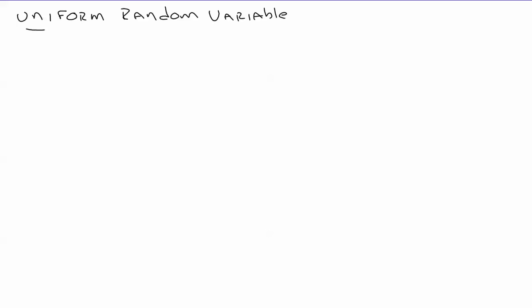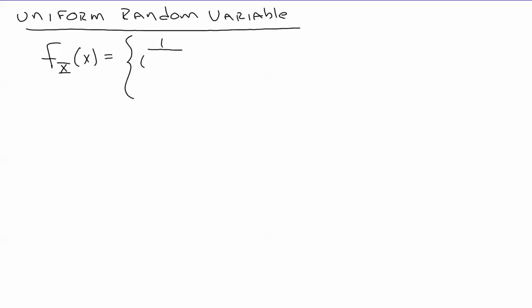The uniform random variable. The probability density function for a uniform random variable looks something like this. Another way of writing the probability density function is using step functions.